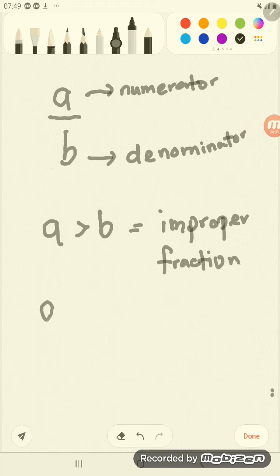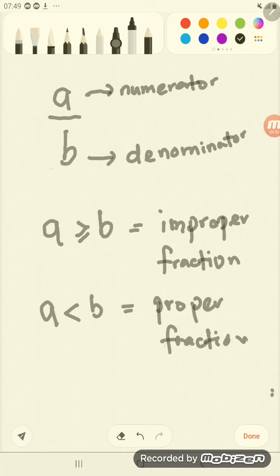If the value of a is greater, I think it should be greater or equal. And if the value of a is less than b, it is called a proper fraction. Please put it into your notes.